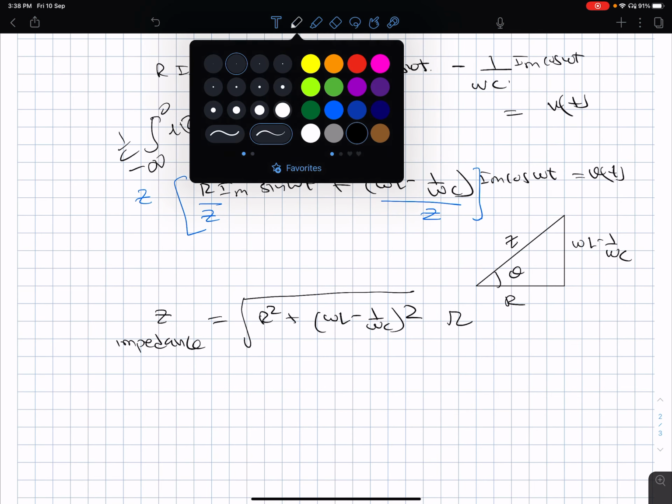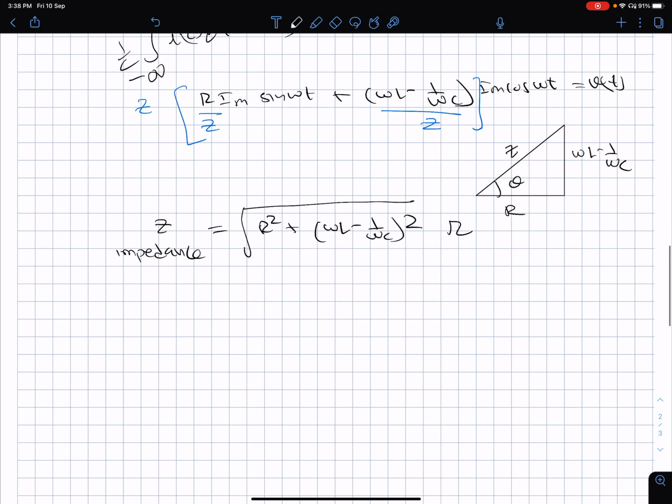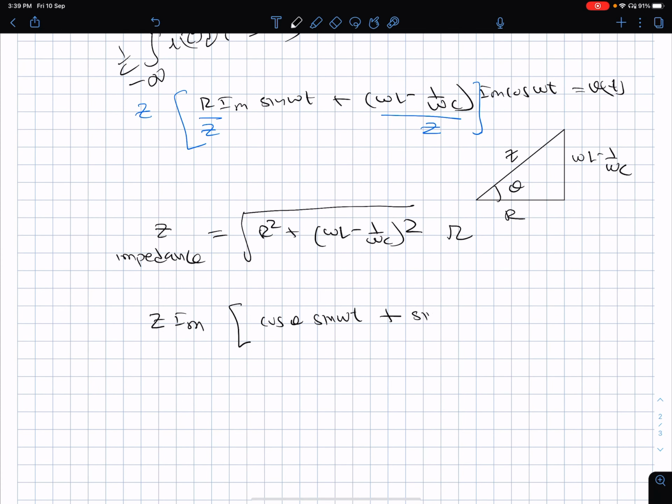So everything remains the same. So now this can be written as Z I_m, and for R by Z I can write cos of theta, and then sine of omega t, and then for (omega L minus 1 by omega C) by Z, that is perpendicular by hypotenuse, I am going to write sine of theta, cos of omega t, will be equal to V of t.